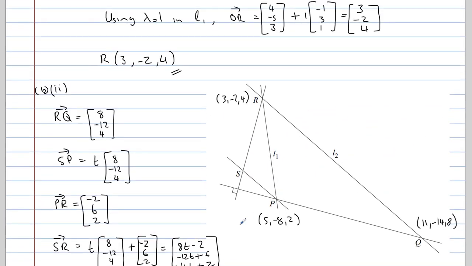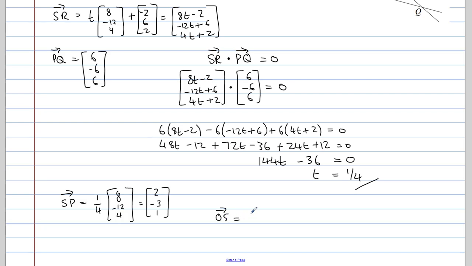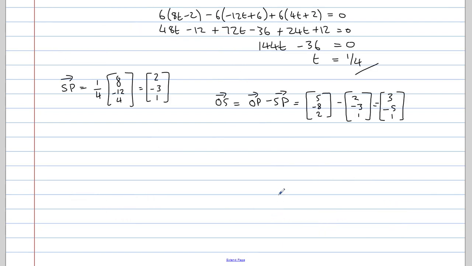To do that, I could go from the origin to P, which I know, and then from P to S, which means I want negative SP. 5 minus 2 is 3, minus 8 plus 3 is minus 5, 2 minus 1 is 1. So the coordinate of S is 3, minus 5, 1.